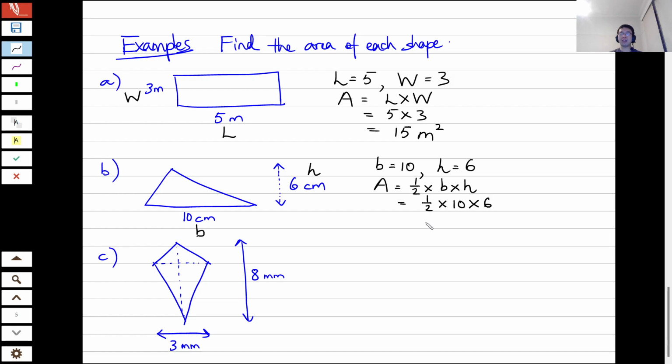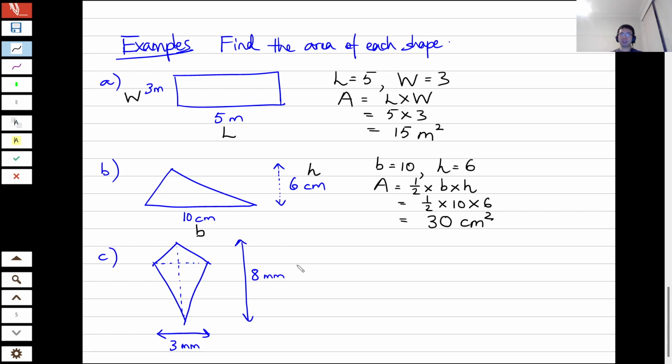Half times 10 times 6. 10 times 6 gives me 60. If I halve that number, I get 30. Now here, the units were centimeters. So now my area is going to be measured in square centimeters, or cm squared, or cm to the power of 2. Always check your units with the units you were given in the question.